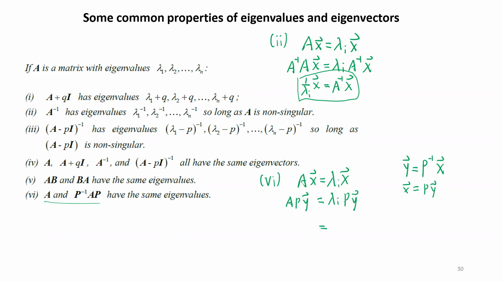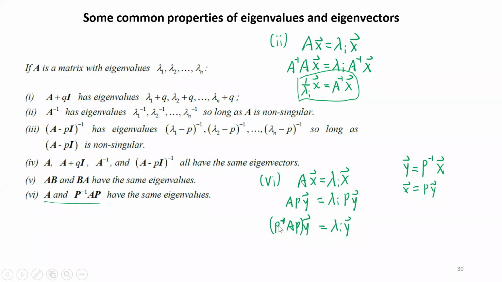And then I can multiply both sides by P inverse, then the P on the right-hand side will disappear. So then you can now see that P inverse AP Y equals lambda I Y.